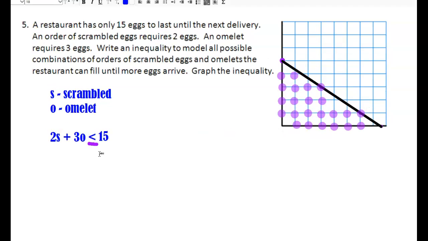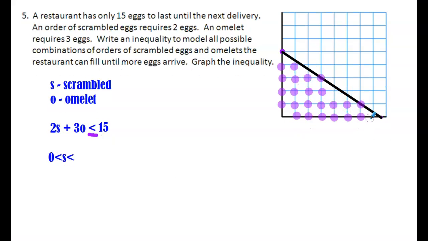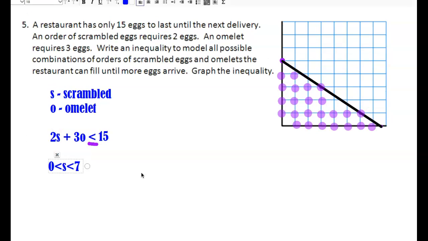So the domain and range for this type of problem is that the restaurant can make no scrambled, or they can make up to 7 scrambled. That's this point right here because we know they could really make 7.5, but we can't make half a serving of eggs. So they can make a total of 7 scrambled.